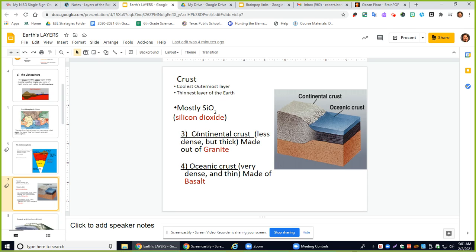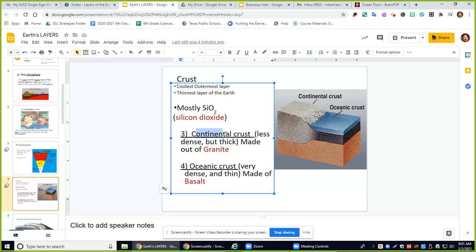I would highly recommend that you write that down. Continental crust is made out of granite. Oceanic crust is made of basalt. Continental crust is the land that we walk on. Oceanic crust is the ocean floor, and it also extends below the continental crust.